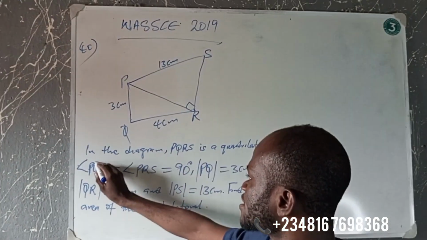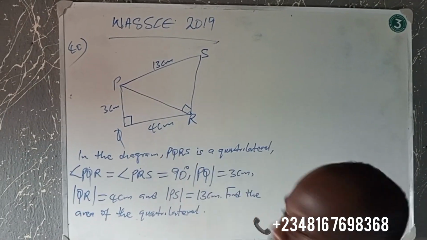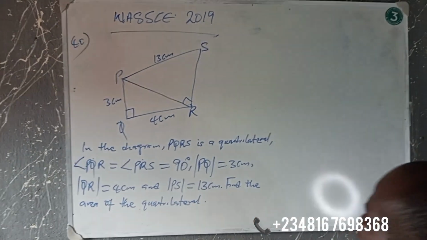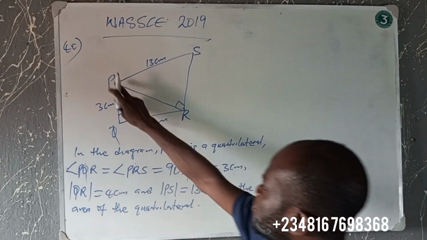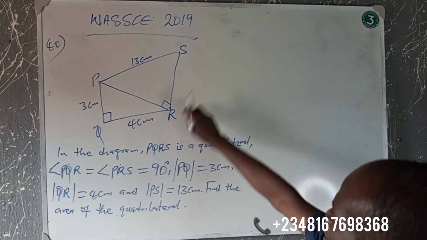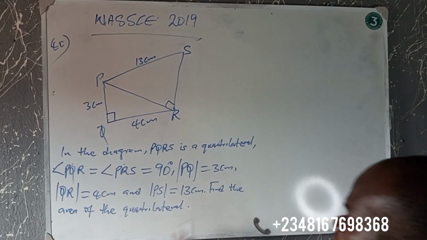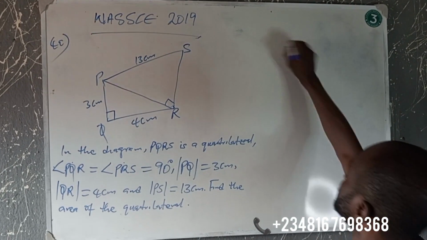The stress is on this Q, it's on this R, we have 90 degrees, which means here will also be 90 degrees. Then PQ is 3 cm, QR is 4 cm, and PS is 13 cm. Find the area of the quadrilateral. Solution.